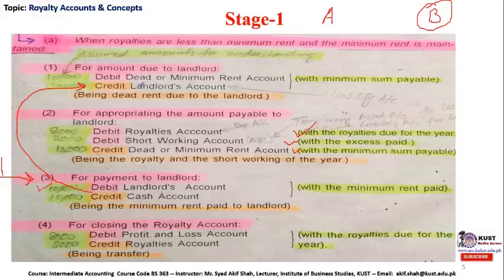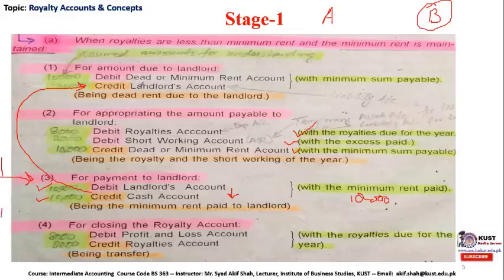We have to record the landlord's account, which has been debited, and then credit the cash account. The cash account of lessee is an asset account, and when there is decrease in asset, it is recorded as credit. And then give a short narration being the minimum rent paid to the landlord. So the minimum rent was 10,000, therefore we have recorded that 10,000 has been paid out to the lessor.